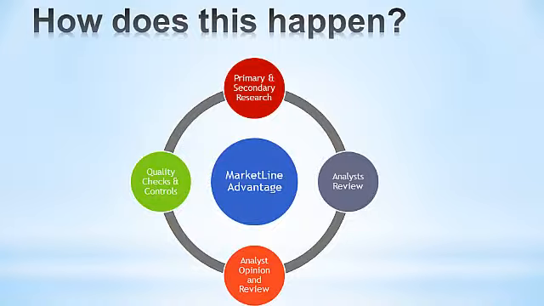Now, you might say, well, how can we trust the MarketLine reports? How do we know it's authoritative data? So it's a primary research database, so we have hundreds of analysts around the world and also in industry writing these reports, and then those reports are peer-reviewed. We also use secondary research, so looking at company websites, stock exchange information, news sites, and they also feed into the process.